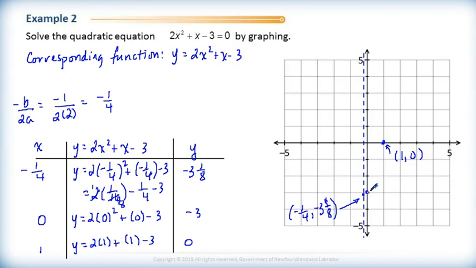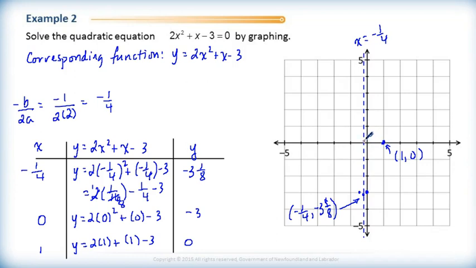Now, keeping in mind, I've got a point 1/4 of a unit to the right of the vertex. My axis of symmetry is at x equals negative 1/4. So I go 1/4 of a unit to the left. My x-intercept I found is 1 and 1/4 units. Here's 1 full unit plus another 1/4.